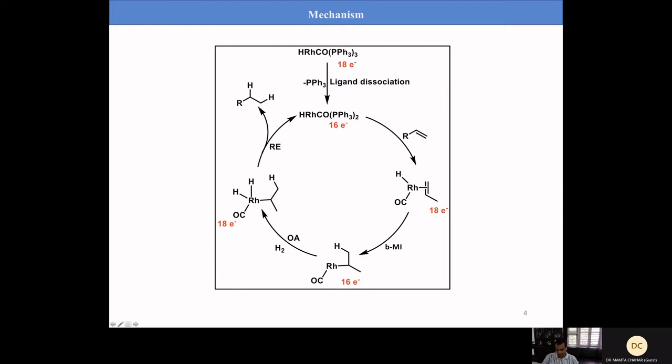From there, it is now a 16 electron species, and oxidative addition can take place to give you an 18 electron species, where you see the two hydrogens. It's a concerted type of mechanism that is taking place to give you this rhodium dihydride complex with an alkyl group. Now the question is, how do we know that this hydrogen oxidative addition is concerted?